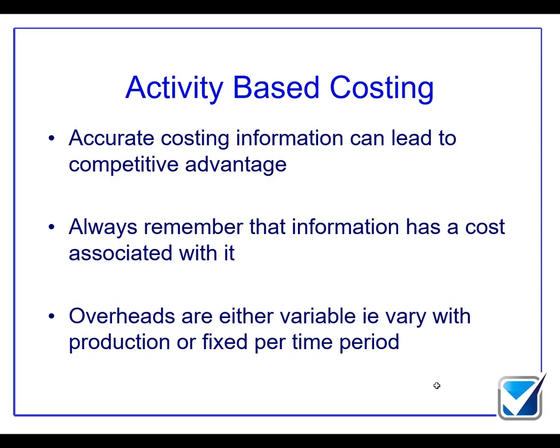Therefore, the business really needs to look at doing a cost-benefit analysis to understand whether it would be appropriate to implement it. And the final point really is that everything goes back to our basic cost behaviour. It either is variable, it varies in line with production, or it's fixed for the period. Management are not able to do anything in the short term with that overhead.